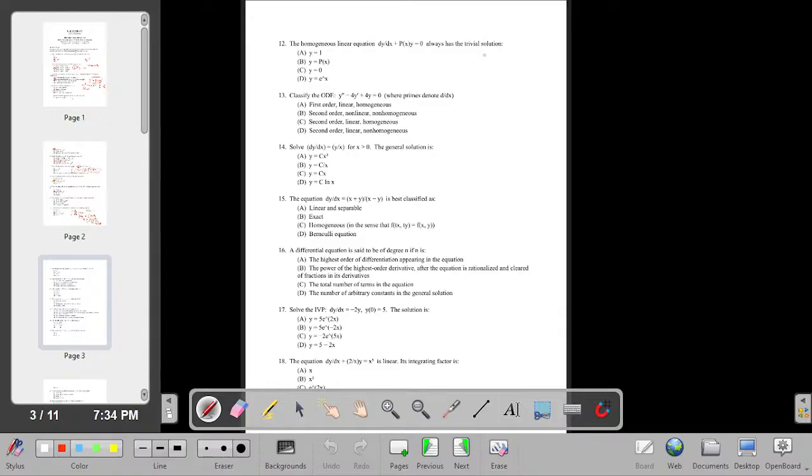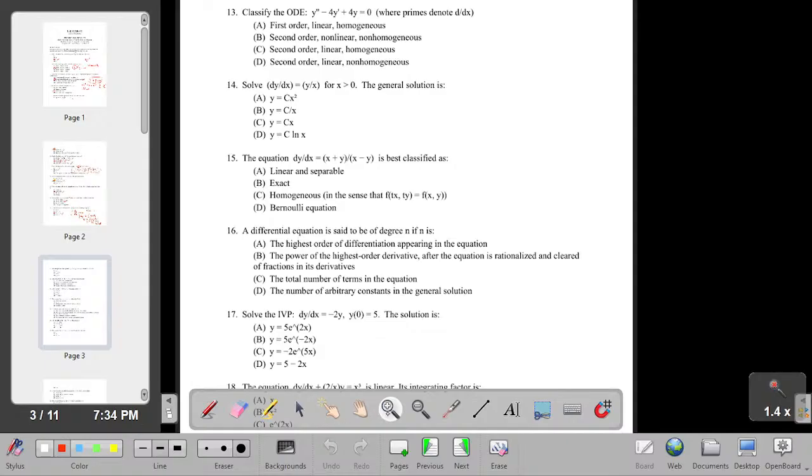When you say trivial solution, let's see something here. Trivial is the same as common or general. So take note. Trivial is the same as common or what? General.